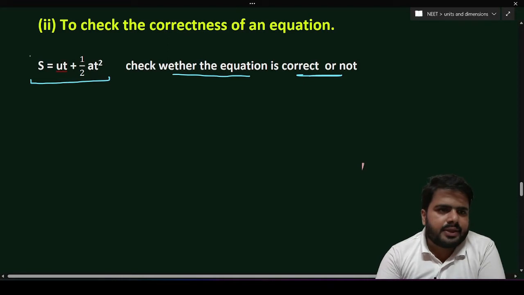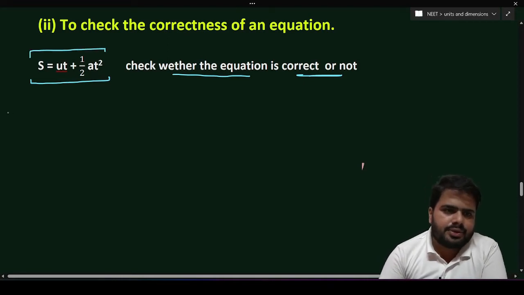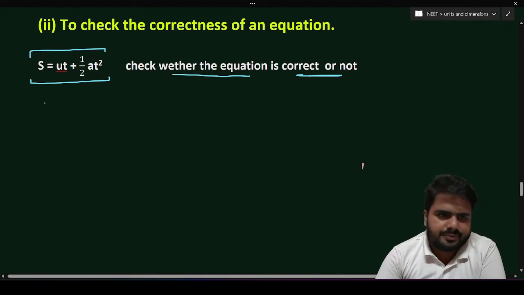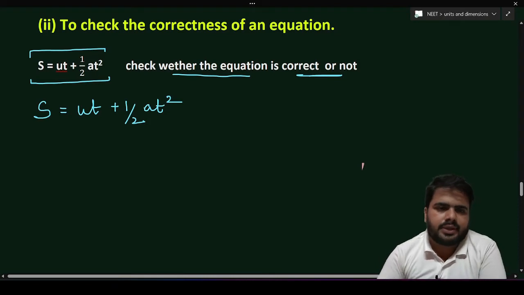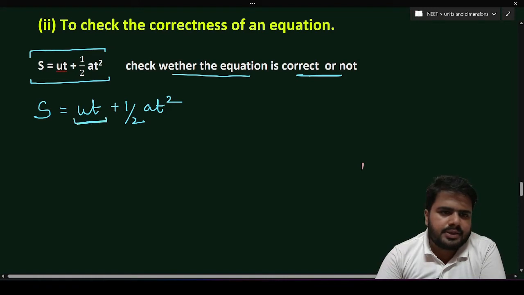So all of you see here, the equation is written as s is equal to ut plus half at square. Clear?